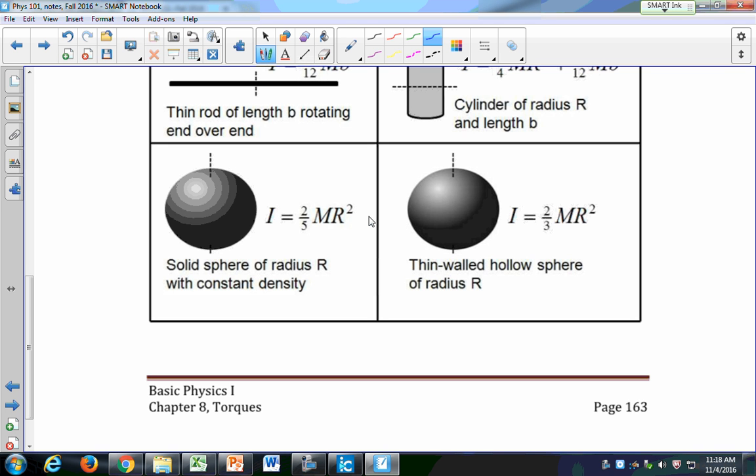The solid one won by quite a bit. So this one has a big moment of inertia, and this one has a smaller moment of inertia, because this one has all of its mass at big radii, and this one has some mass at big radii, but it's spread all throughout. It also has some mass at zero radius and all throughout. So this one has a much bigger moment of inertia. All right?